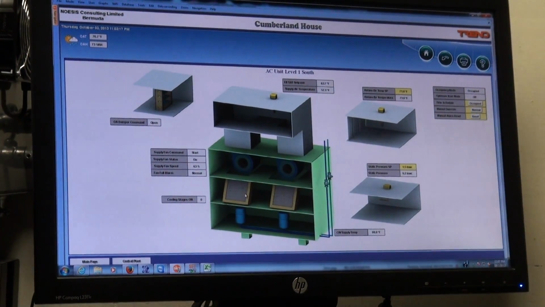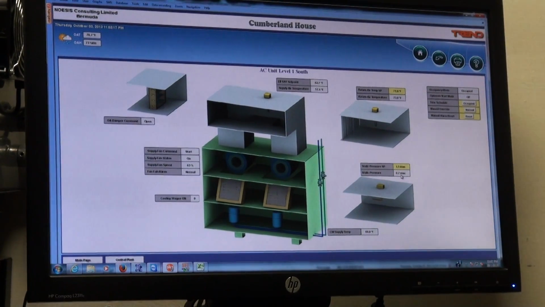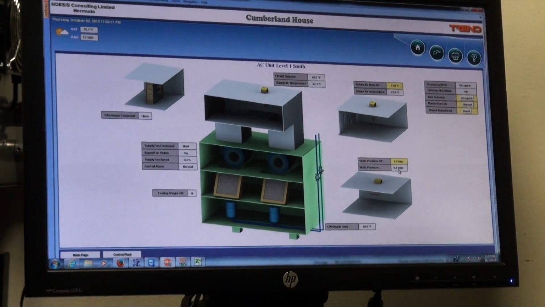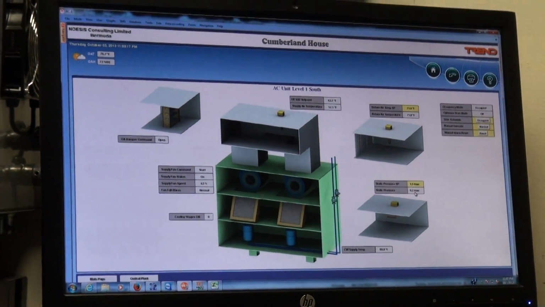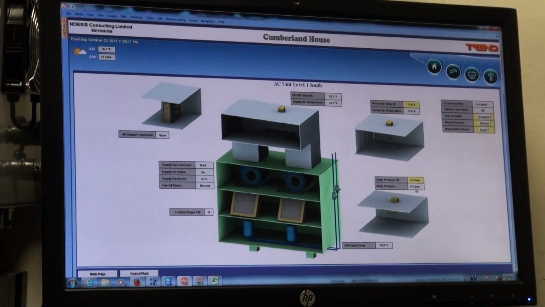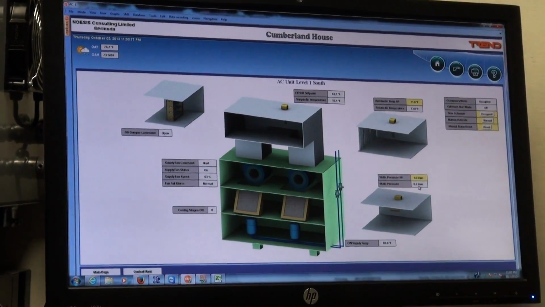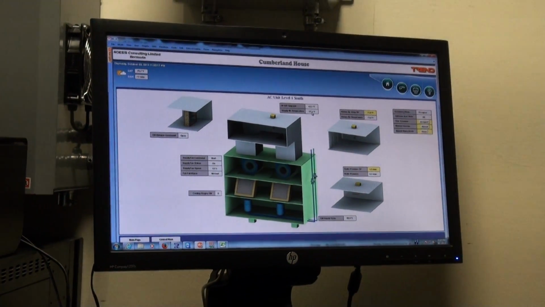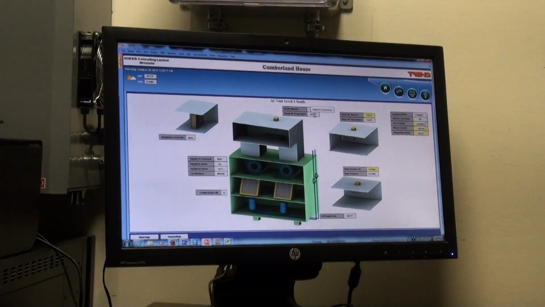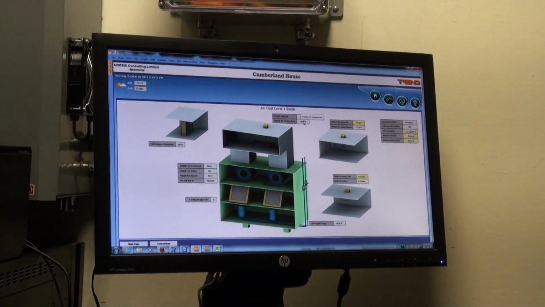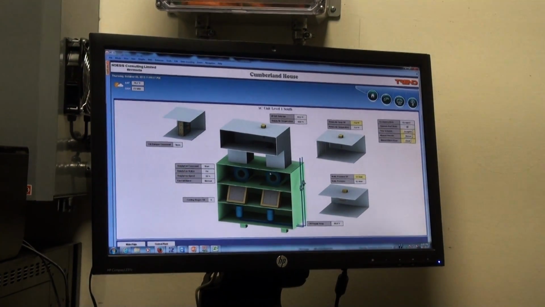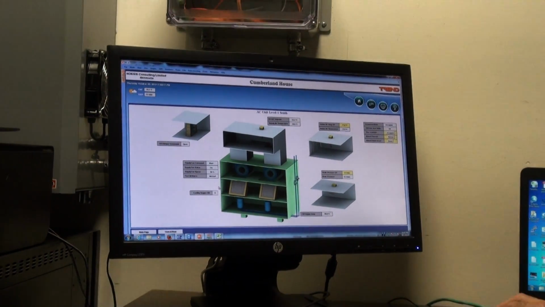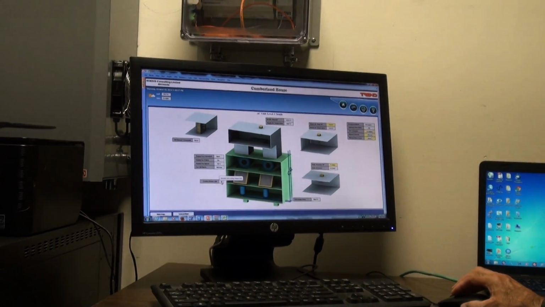And then you also see the static pressure will start to go up, and that's the amount of pressure in the duct because the fan has started to run. And then this supply air temperature should start to drop as the cooling stages start switching in.